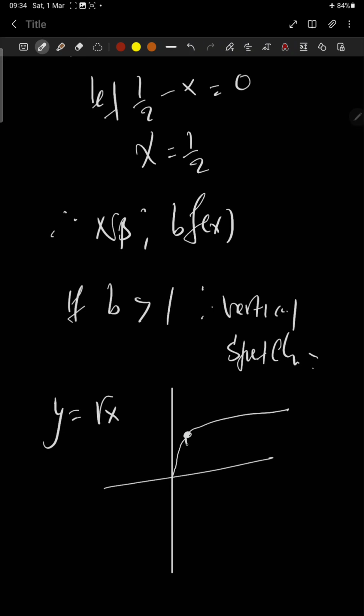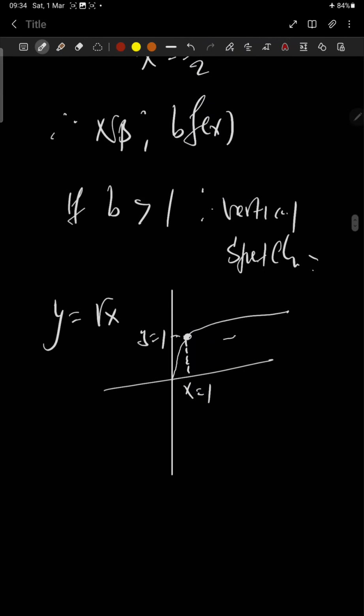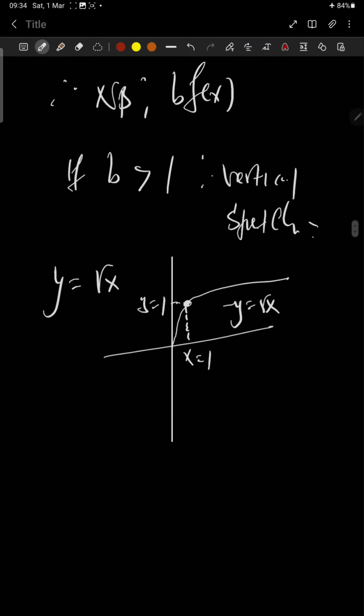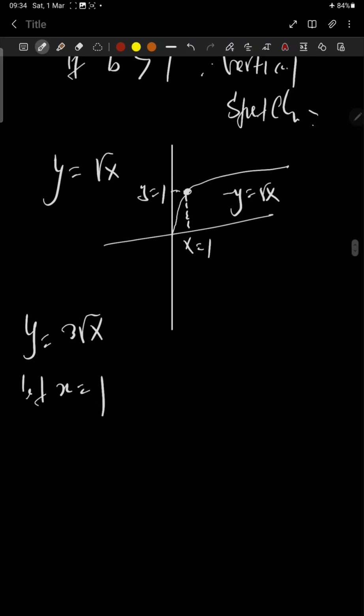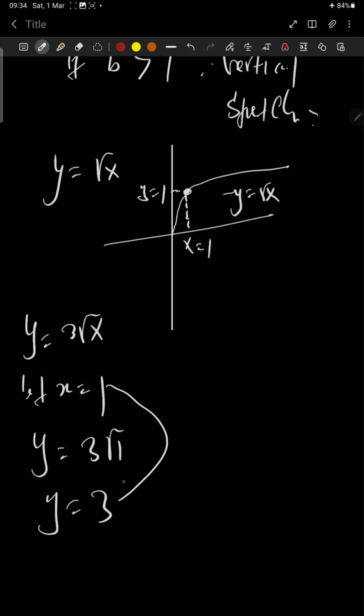Then let's take for instance this point is 1, and this point is y is equal to 1. All right, this is y is equal to the square root of x. Now let's say I have y is equal to 3 square root of x. Then let me maintain my x. Let x be equal to 1. So for y is equal to 3 square root of 1, your y is equal to 3. Right, so now the coordinate will be 1 comma 3. It is this point, right?